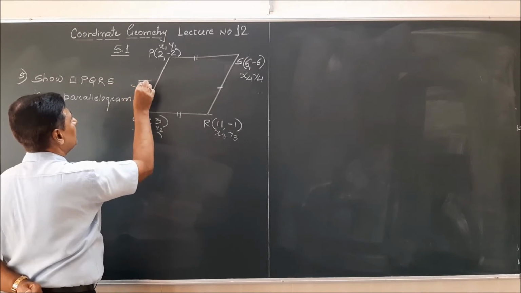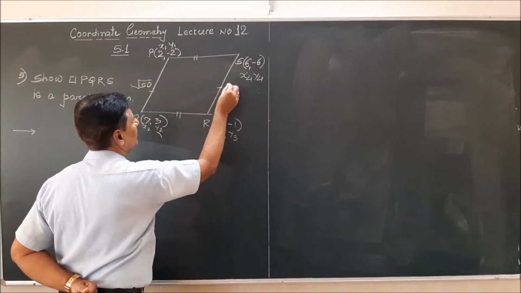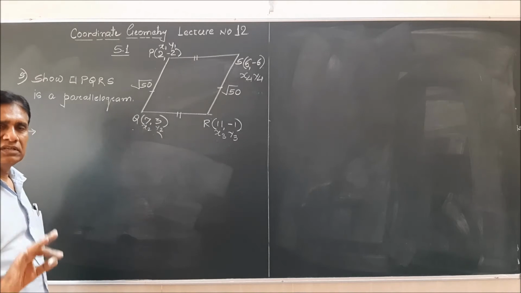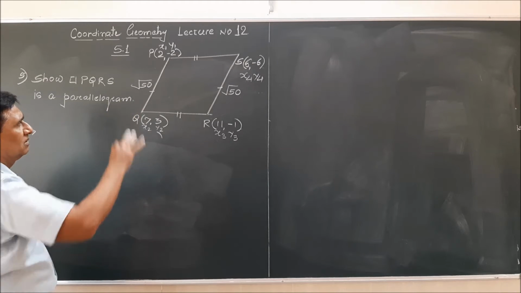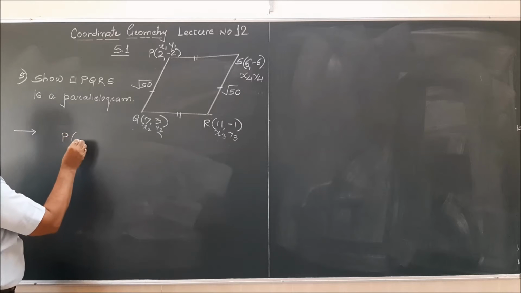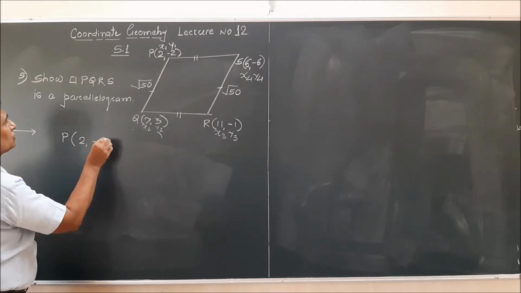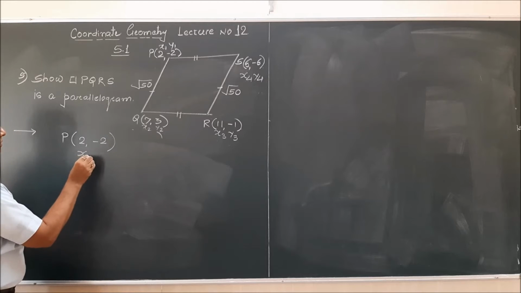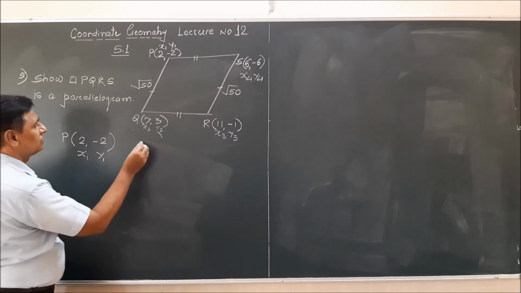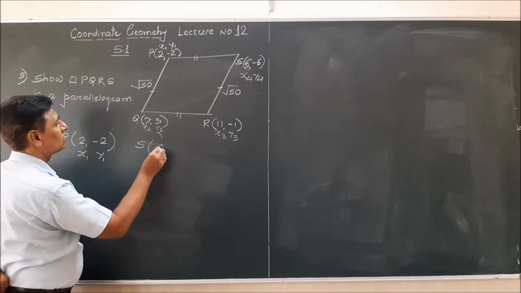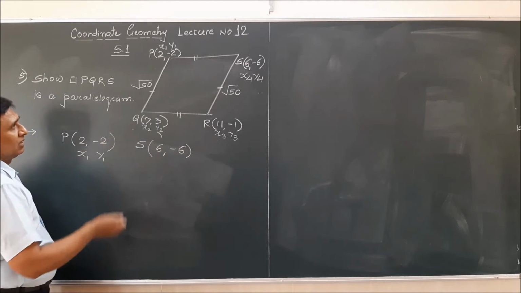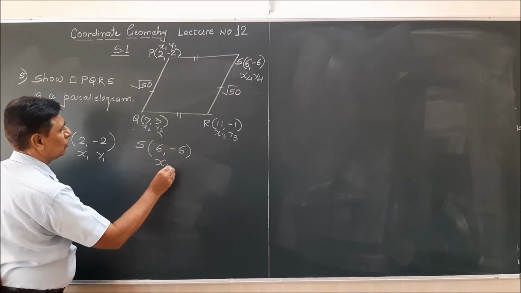This is root 50 and this is also root 50. Again, I would like to tell you there is no need to draw the figure; only to give you a proper explanation, I have drawn the figure. So here the coordinates of P are 2, minus 2, x1, y1. Then the coordinates of S are 6, minus 6, x4, y4.